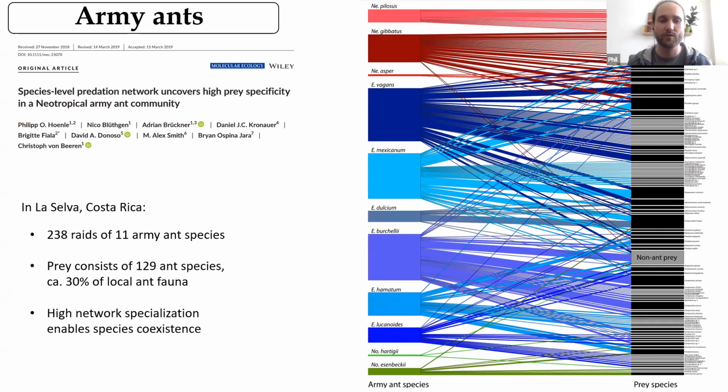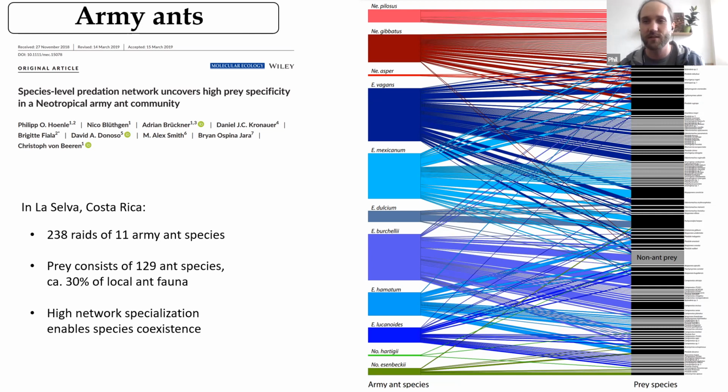So over time, in 3 months, we accumulated 238 raids from 11 army ant species. And we found that almost all army ants are really specialized on ant species. And we found basically a fourth of the complete ant fauna just as diet of the army ants.